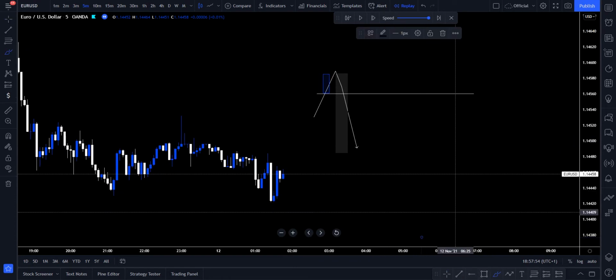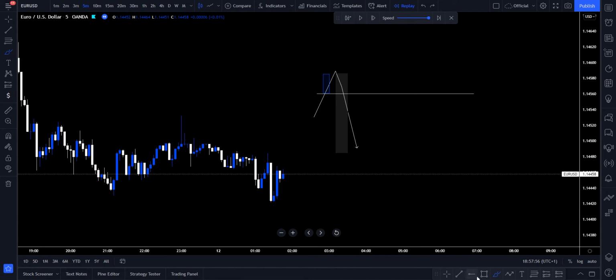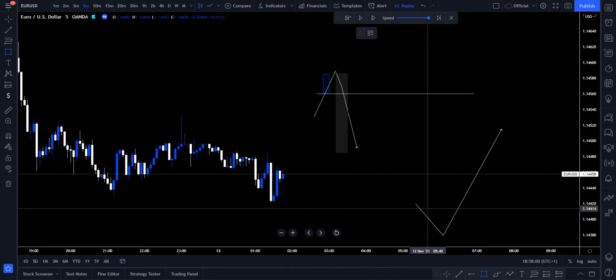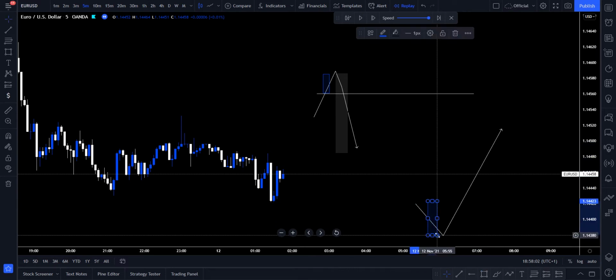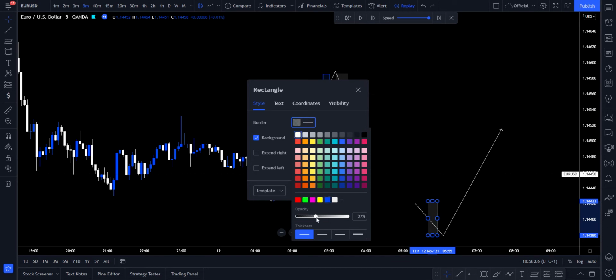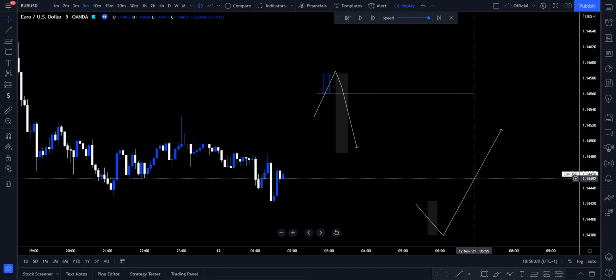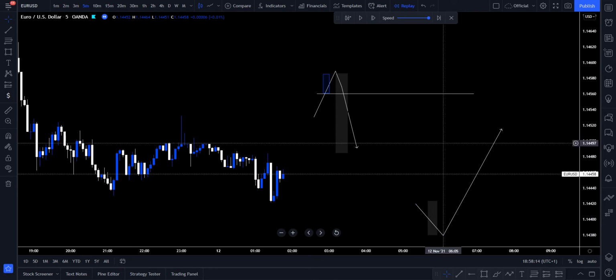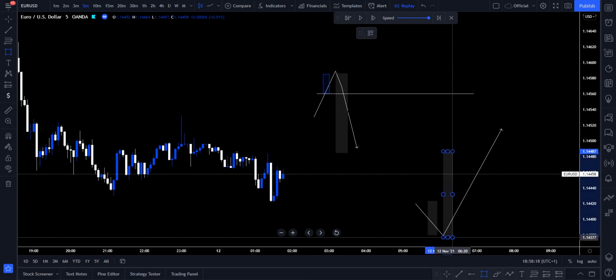The same thing will happen with the demand areas. You know how we move to the upside. Then we have the last bearish candle, which in this case is white. Just like that, the last bearish candle before the upside move, around here.